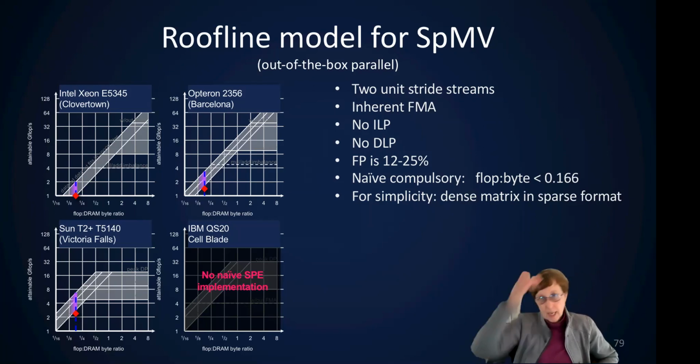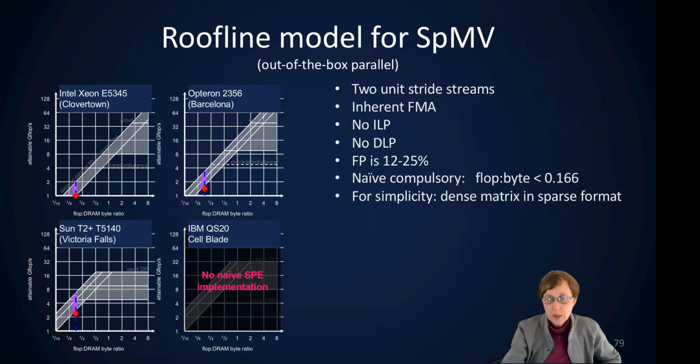But if you just take sparse matrix vector multiply out of the box and run it in, say, OpenMP, I think this may have actually been a pthreads implementation at the time, you get a pretty low fraction of peak performance, certainly, but you also get something that is pinned to not a very good bandwidth curve.